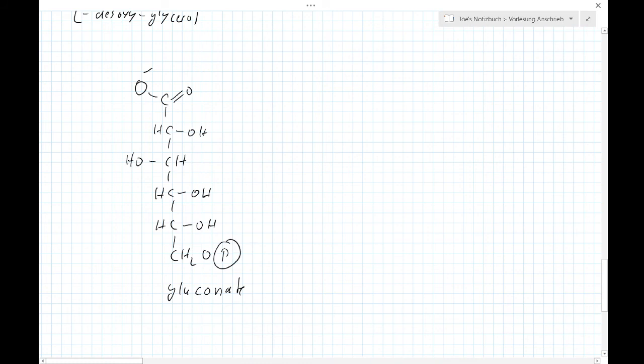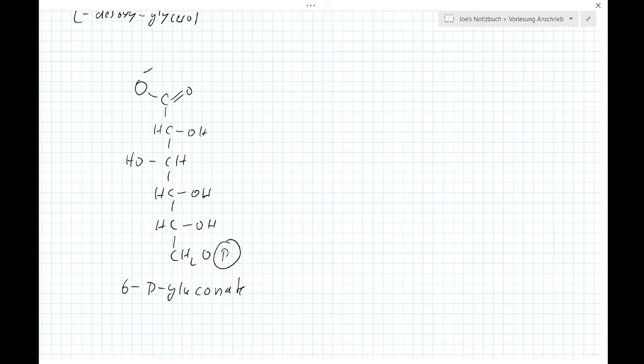If I have a phosphate here, this is 6-phosphogluconate. And you remember, this is the first step, the second after the kinase has phosphorylated the glucose. This is the first step happening in the pentose phosphate pathway, heterofermentative lactic acid fermentation, and in the Entner-Doudoroff pathway.